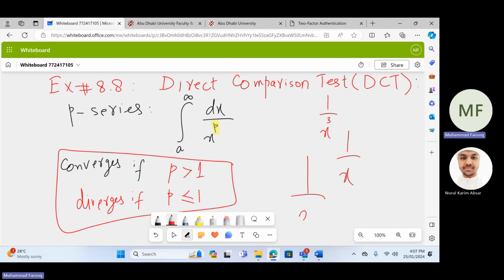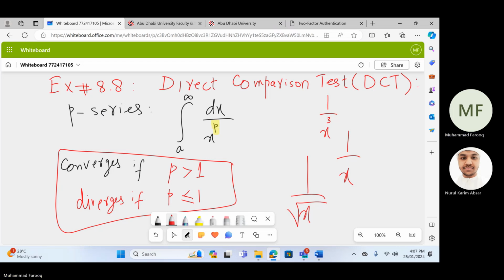Then 1 over square root of x diverges, because its power is half, and half is less than 1. Understand the property? We need this property, so just keep it in mind.